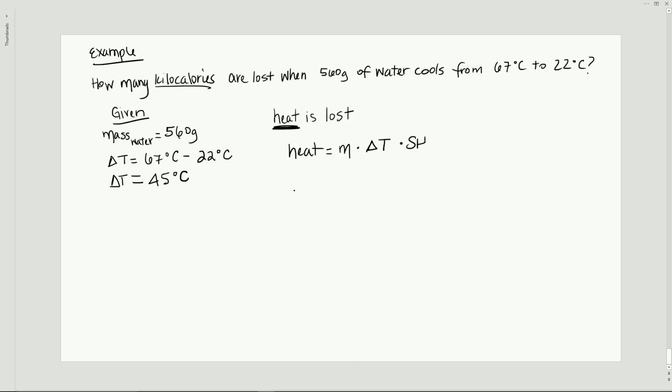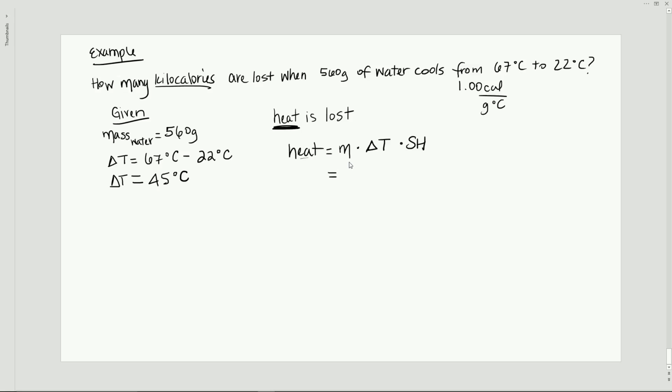Okay, and the specific heat for water in calories is 1.00 calories per gram degree C. So we only have specific heat in calories or joules. We don't have a kilocalories value. So we're going to end up having to convert once we get our heat in calories. So let's go ahead and get our heat in calories.